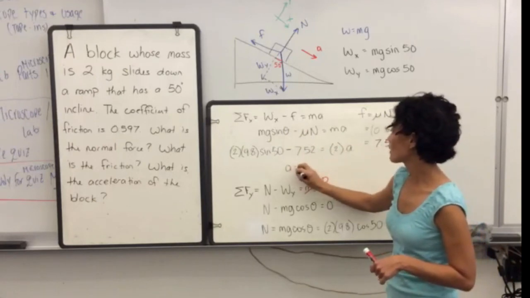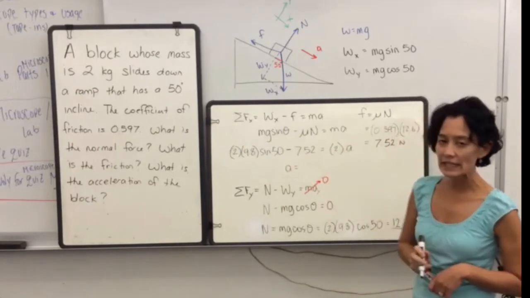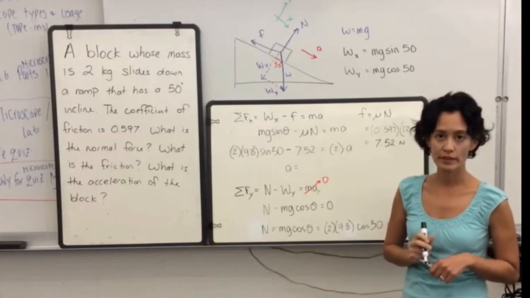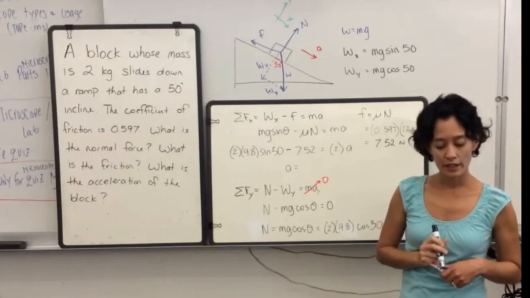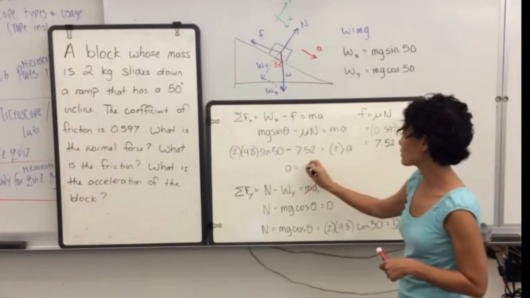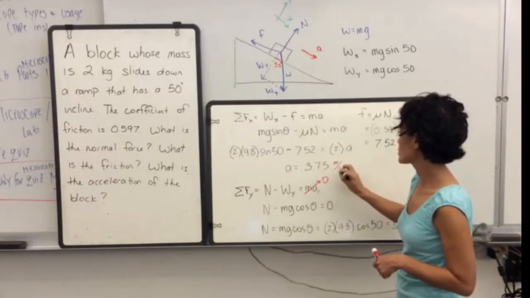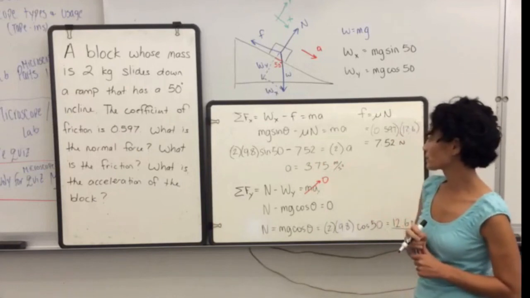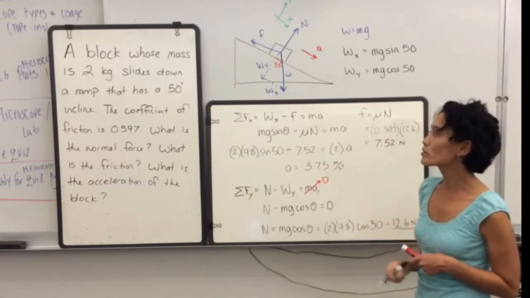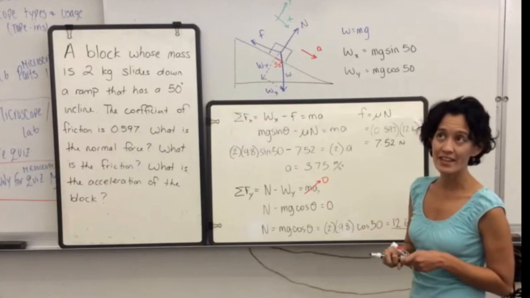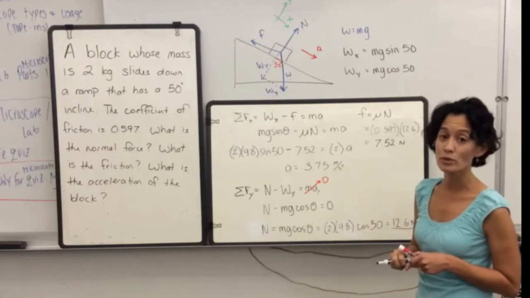And so we'll calculate out that one final answer for a. And hopefully you got an acceleration of 3.75 meters per second squared. Okay? So we'll definitely do some more examples of this in class, and then I think it's on Tuesday we will do a lab on it.